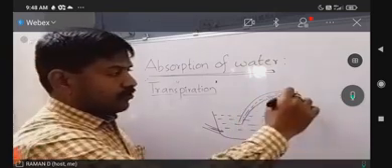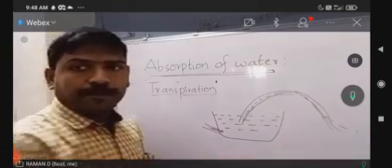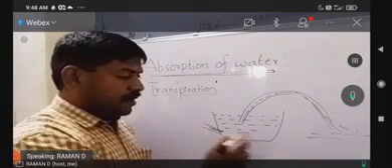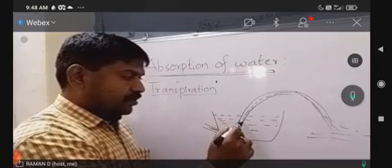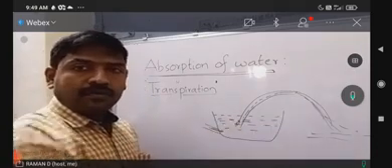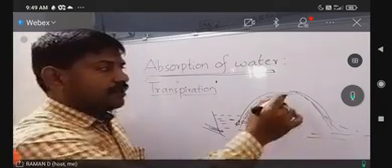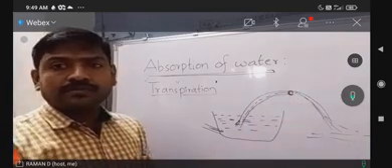Water will keep continuously coming out, it won't stop, as long as the water is below this tube level. Initially only you need to suck the water out. Later the water will keep continuously coming out.